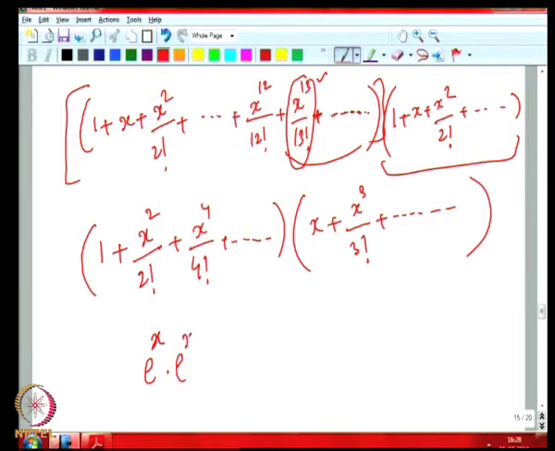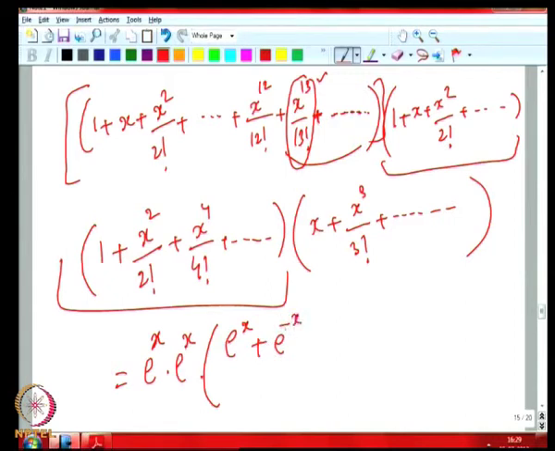And what is this? This is actually e to the power x plus e to the power minus x divided by 2.